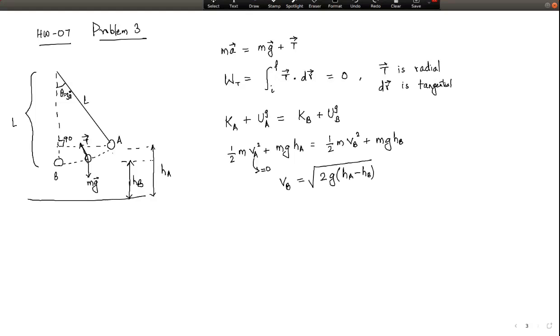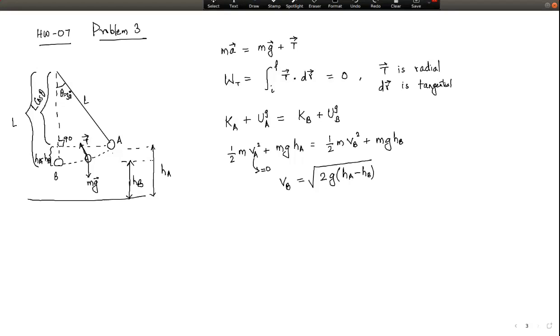So to proceed further, we have to calculate the distance h_A minus h_B, which is this distance here. So in the diagram, that's h_A minus h_B. But we are given the length L in the problem and the angle theta. So how do we determine that? Using the geometry, it is clear that this piece here is L cosine theta.